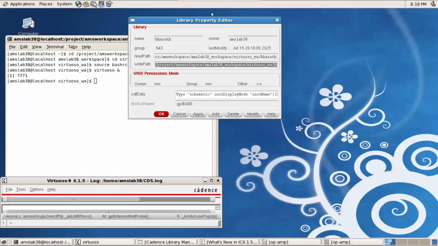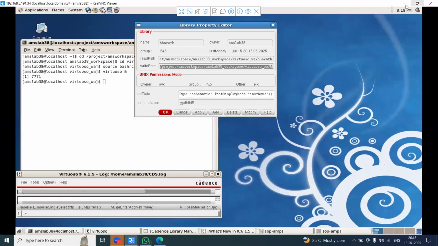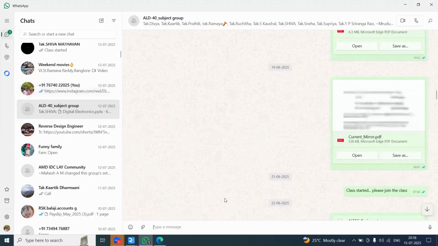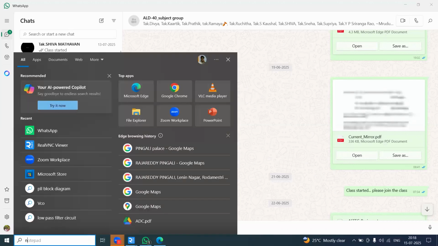In the subject group, I am sharing my path. Is it shareable? It is not pasting here. Sir, can you paste on the terminal first?